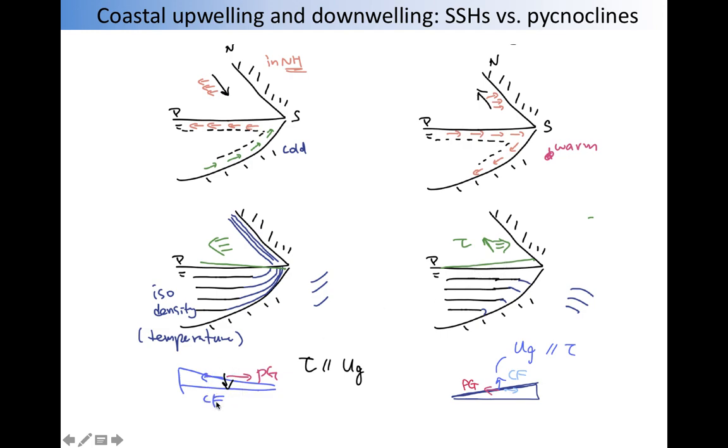If you look at the figure, I just highlighted sea surface height versus iso-density or temperature contour. They have opposite phase. Can you imagine? Like this is the shore here, it goes up and down, and this goes down, it goes up.